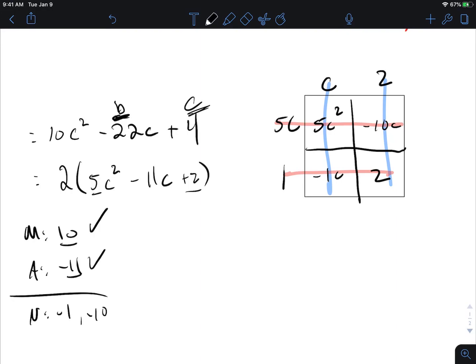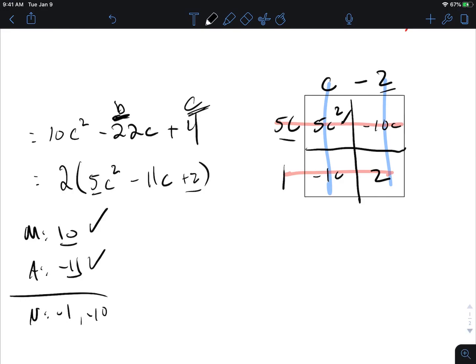Then your final step is to put the signs on these things so that the inside checks out, all 4 of them. That's your last question. So 5c times c is 5c squared, so that's fine. 5c times 2 is 10c, which is a problem because I need it to be negative 10c, so I'm going to make the 2 negative.